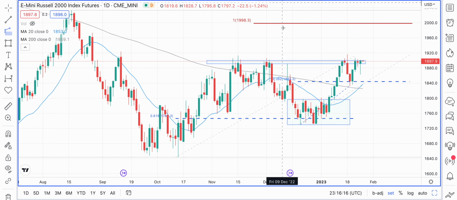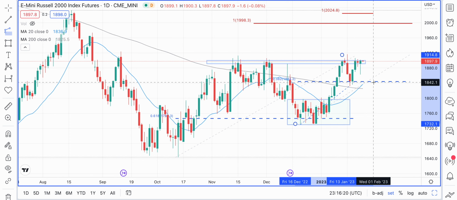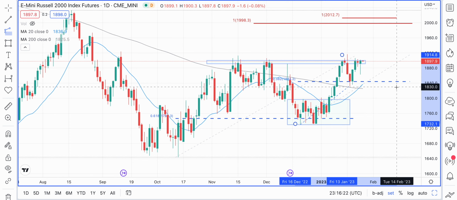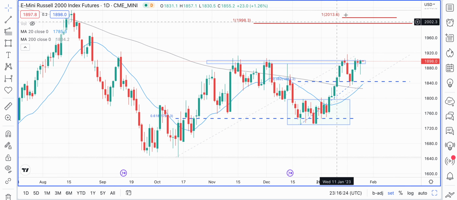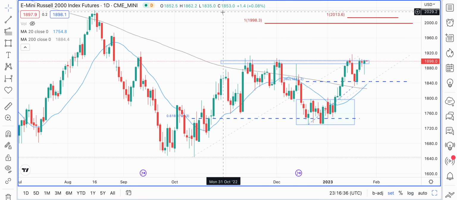We also see a smaller ABCD, which would give us a nested ABCD in that region. It's going to be a little bit higher. So anywhere between 1998, 2000 to perhaps even a possibility of about 2010. And that would again form a double top here.